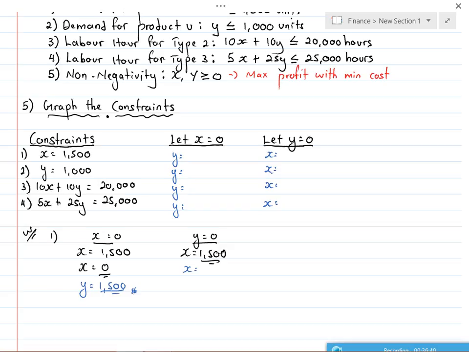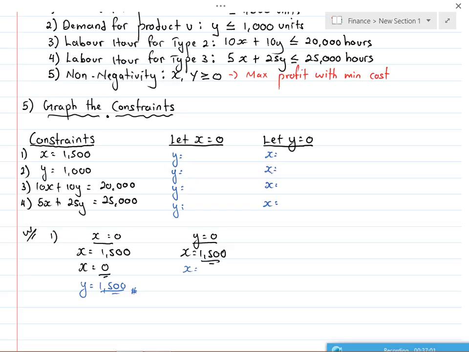If y is 1500, then x will be 0. If x is 0, then y will be 1500. Both also 1500. Cannot.